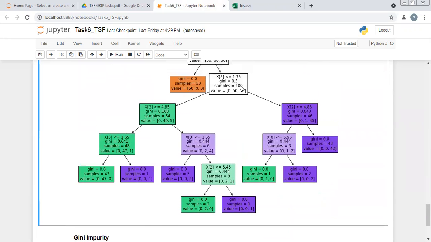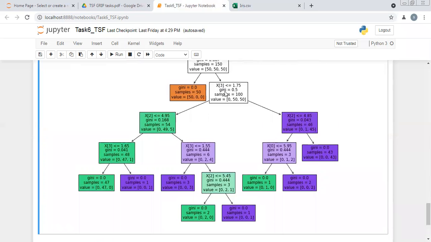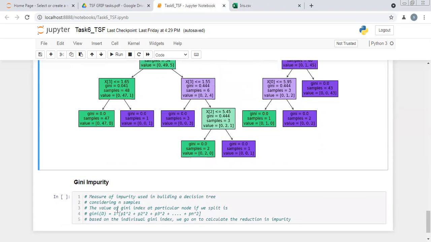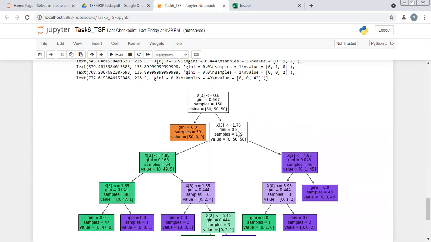Applying the formula, the Gini index at this node will be equal to 1 minus (50 divided by 100, the probability of virginica) squared, minus (50 divided by 100, that of versicolor) squared. So it comes down to 1 minus (1 by 2) squared minus (1 by 2) squared. Ultimately it is 1 minus 0.5, which is equal to 0.5. So this is the Gini index of 0.5.